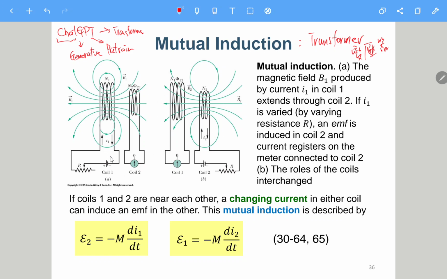But for the first one, we connect N1 to the battery, so we call this one the primary coil, this one the secondary coil. But for this one, we connect the source to N2, so we call this one the primary coil, this one the secondary coil. So it depends which one you connect to the source or the battery.